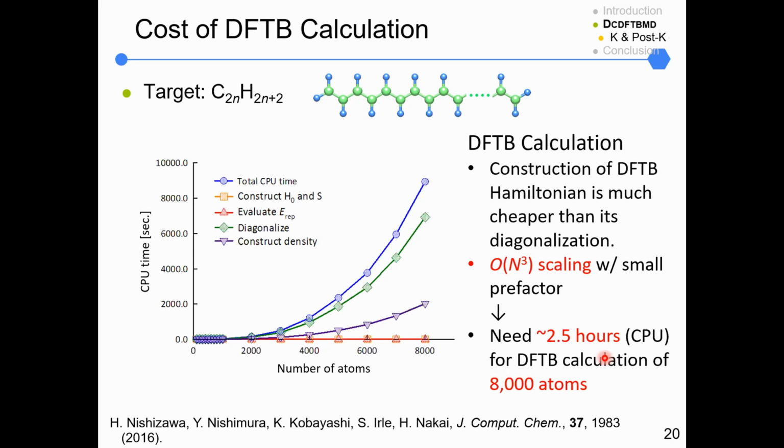Construction of the DFTB Hamiltonian, which is similar to the Fock matrices in Hartree-Fock or DFT, is negligibly small. The diagonalization step is the main part of the DFTB calculations. Therefore, the computational cost increases with cubic scaling.